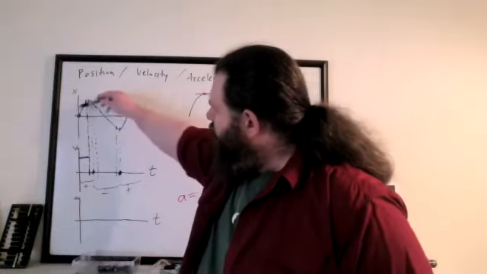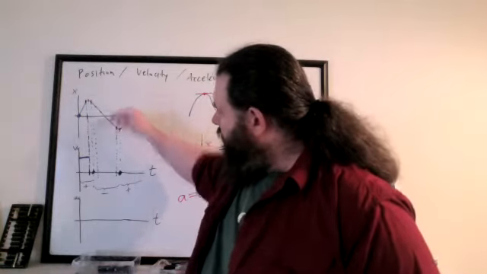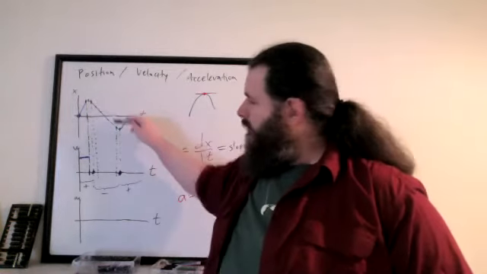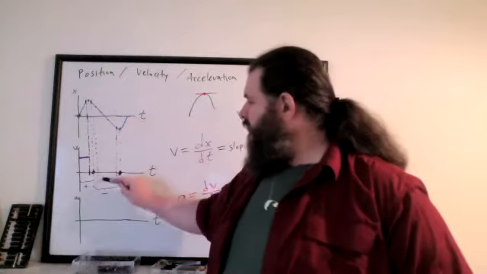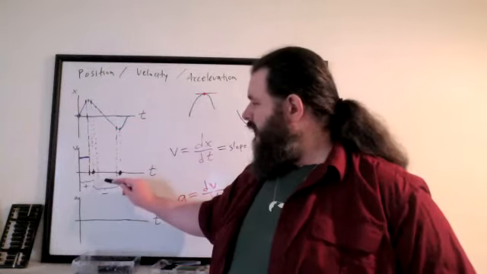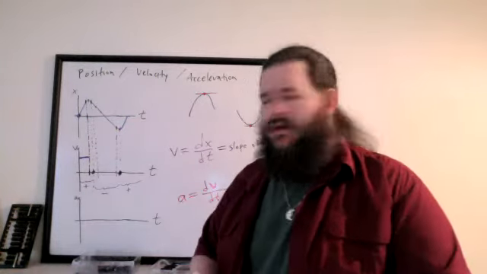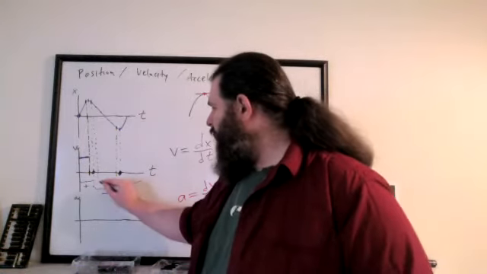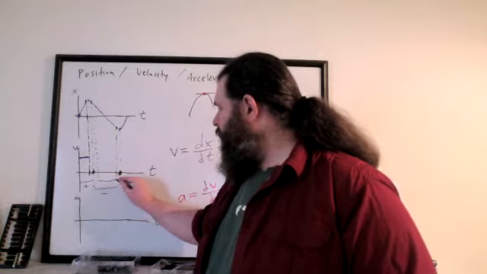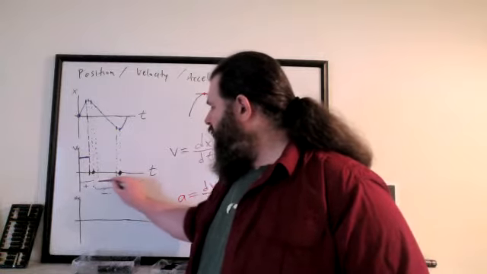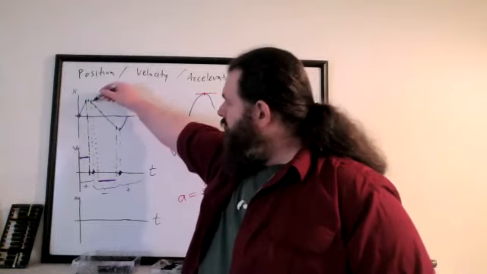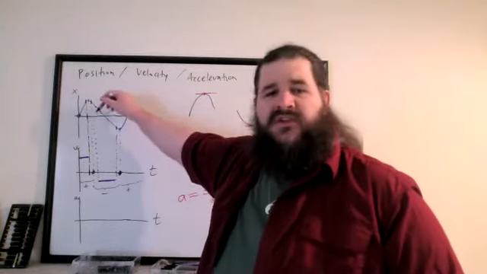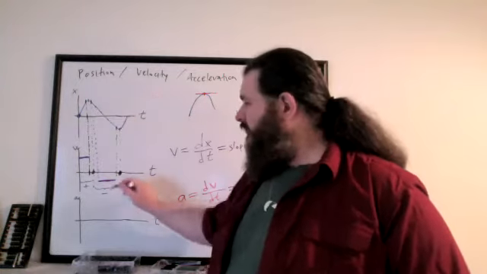Yeah, they're almost the same, but this one does look a little bit less. So if we have kind of steep and then a little bit less steep, that means this negative velocity is going to be smaller than this positive velocity. So instead of being this far below the axis, it'll be a little bit less below the axis, maybe here, let's say. But we can treat it as a constant value because during this period of time, the position slope is constant, which means the velocity's value is constant.